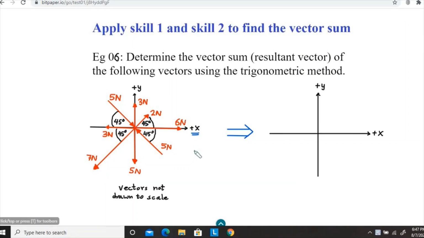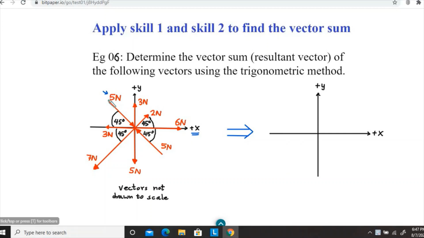Now, this example looks complicated because we have 8 vectors in this coordinate system. However, if you look closely, you can really simplify the problem. Now, I'll point out this 5 Newton vector over here.